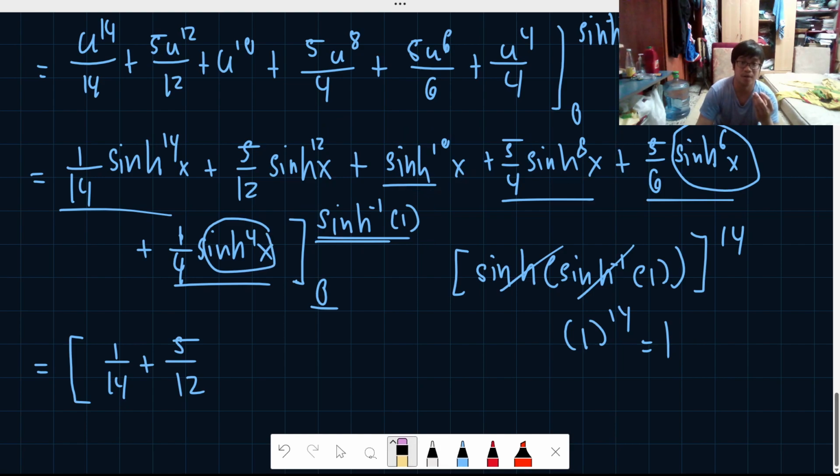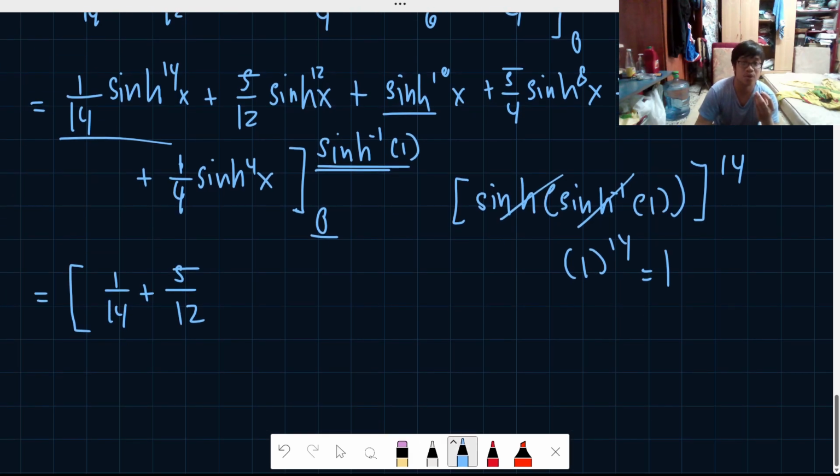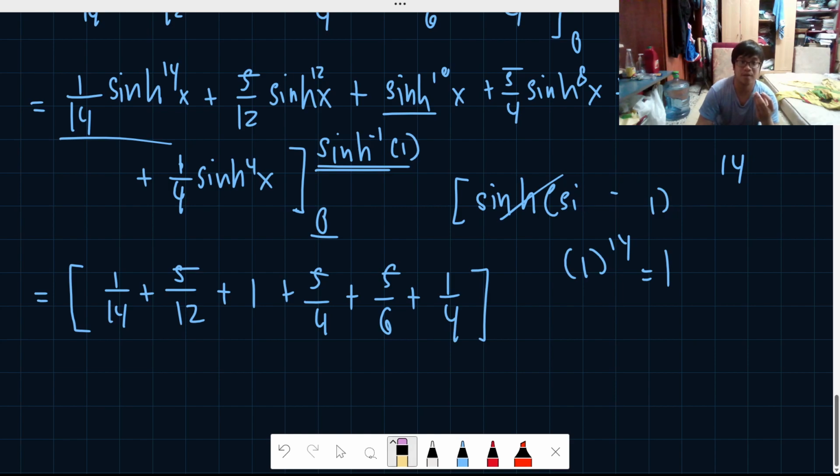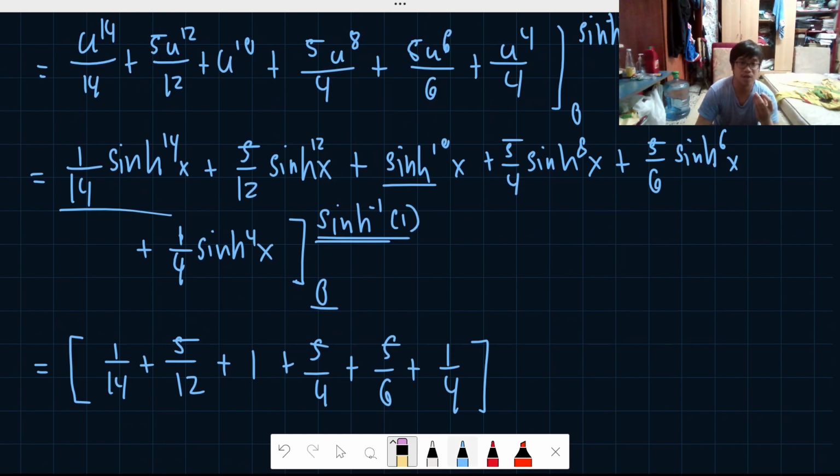Therefore, we will have 5 all over 12 plus 1 plus 5 all over 4 plus 5 all over 6 plus 1 fourth. That would be the answer when you substitute the inverse hyperbolic sine of 1. So wait, 1, 2, 3, 4, 5, 6.